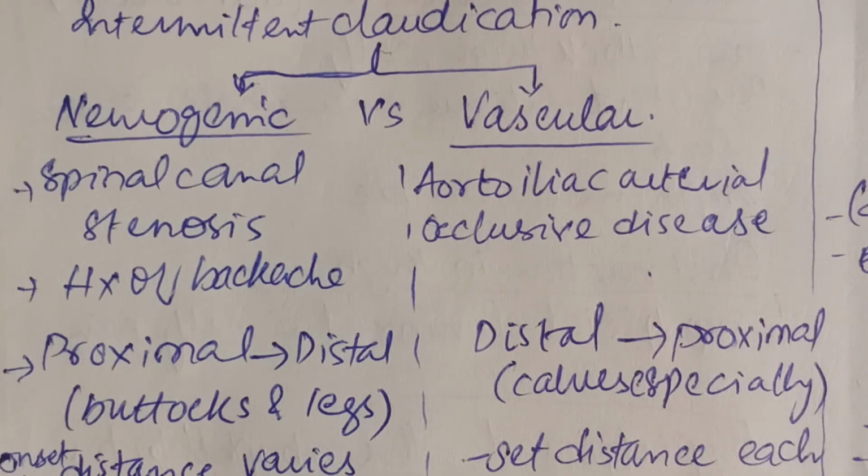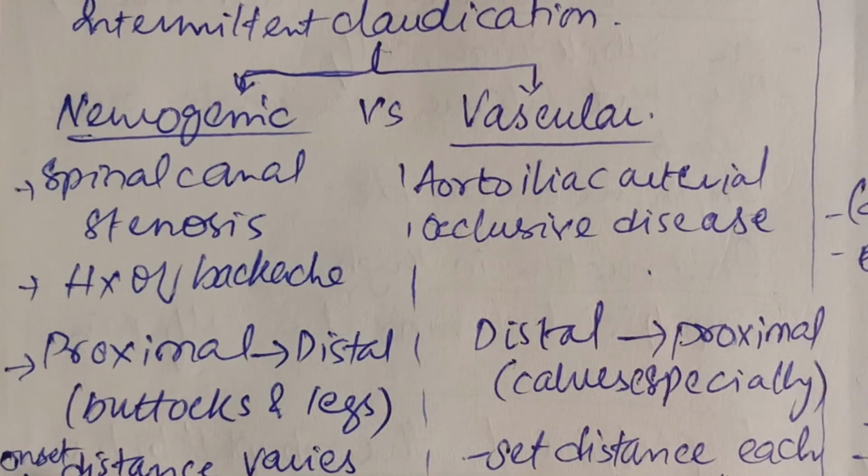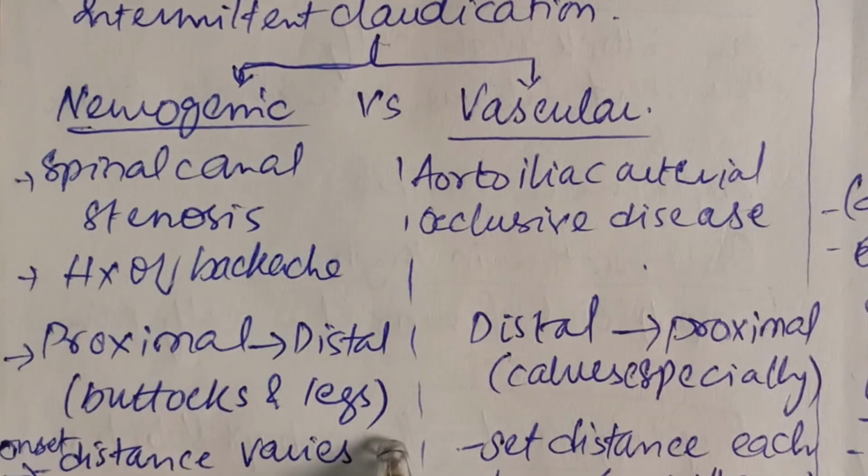The distance varies when the patient starts to get pain, and the pain usually travels from proximal to distal. The pain would start in the buttocks and back, and then radiate towards the legs.